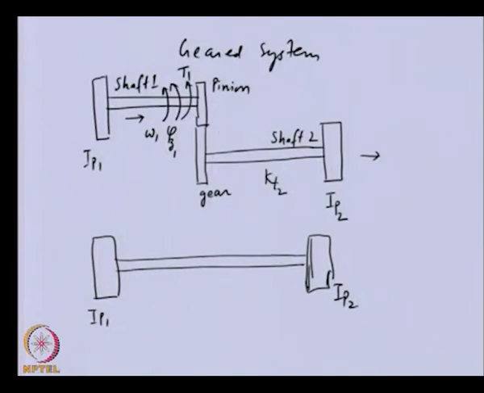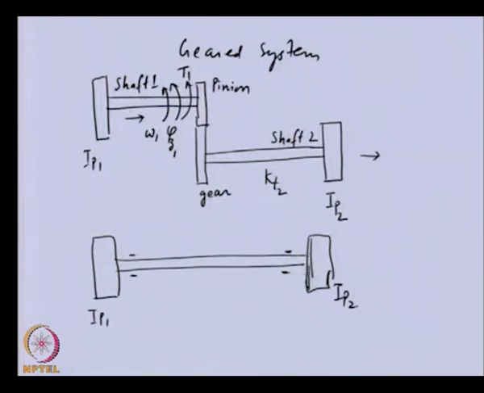We will try to convert the previous actual system to this equivalent system. If we can convert, we already analyzed such a system, mounted on frictionless bearing, and we can obtain the natural frequency for torsion.